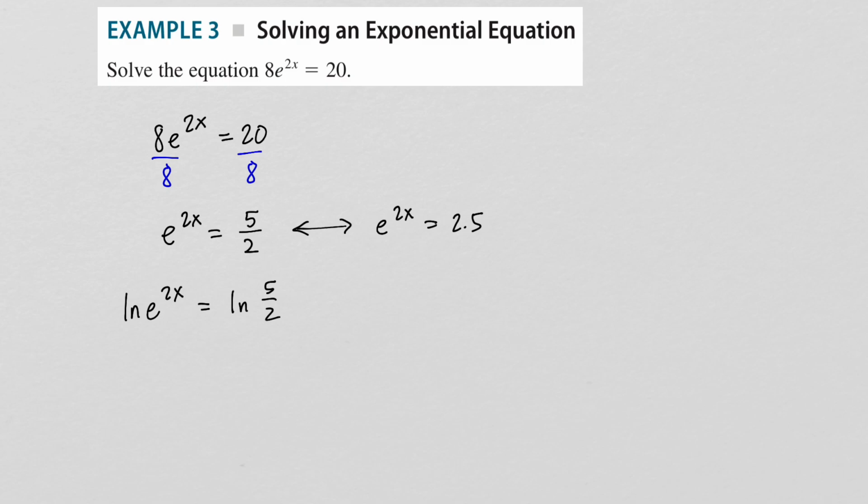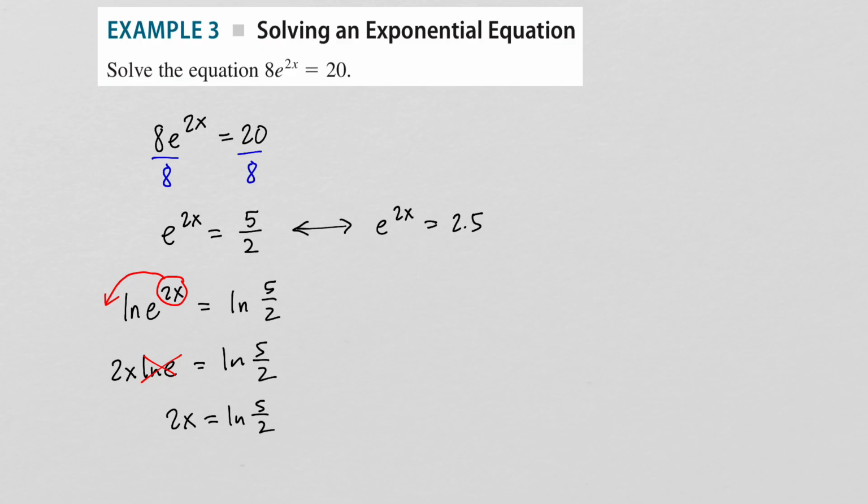And this will allow us to bring down the 2x like we normally would do here. But then after that, natural log of e is equal to 1. So this basically just goes away, and we get 2x is equal to the natural log of 5/2.